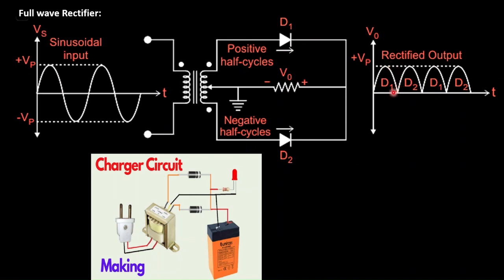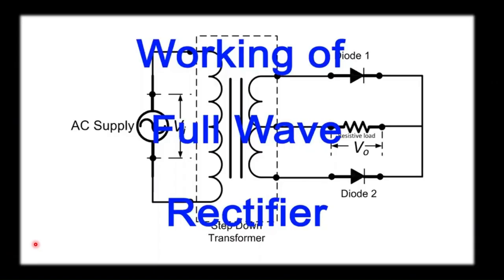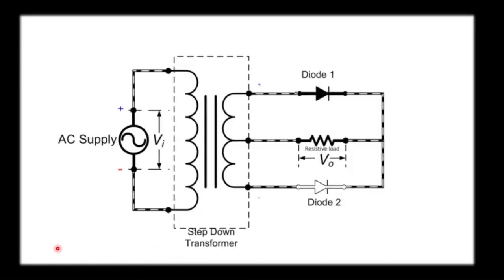For a negative half cycle, D2 will conduct and there is an output current. So like this, the current will be there in the circuit throughout the positive and negative half cycle. Let us see the working clip and how it conducts.